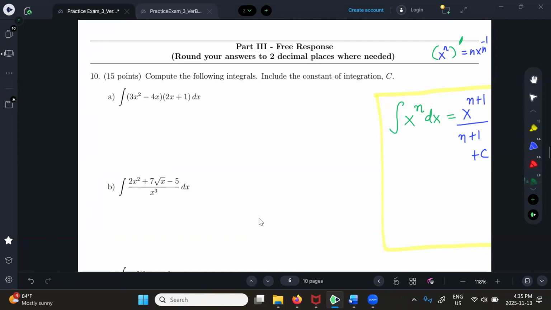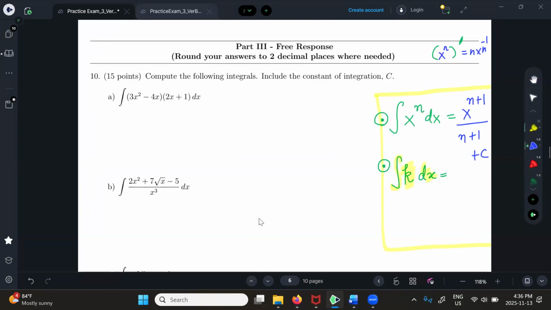Similarly, the other very important rule that you must remember is the constant rule. If I have a constant k, a number, okay? k could be any number. If I have a constant inside the integration sign, just focus on the constant. The integration sign and the dx are part of the question.